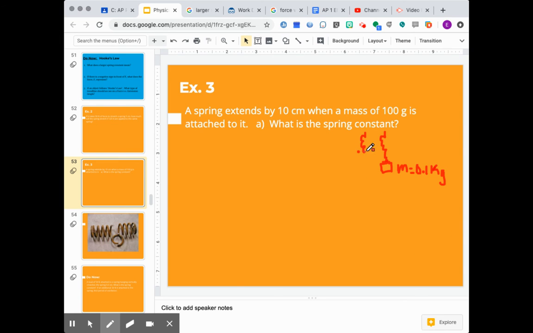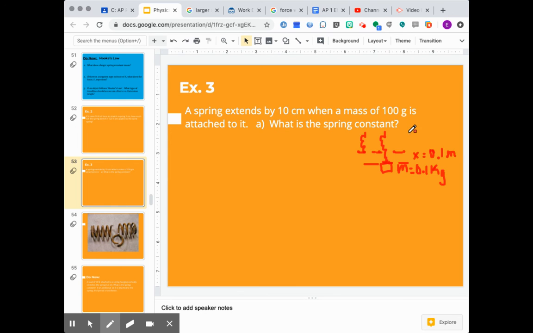When we add that very small mass, the stretch distance, X, is 0.1 meters. Okay, so we always need X in meters, so if you're given centimeters and grams, you must convert. So when we add that 0.1 kilogram mass, the spring stretches 0.1 meters.